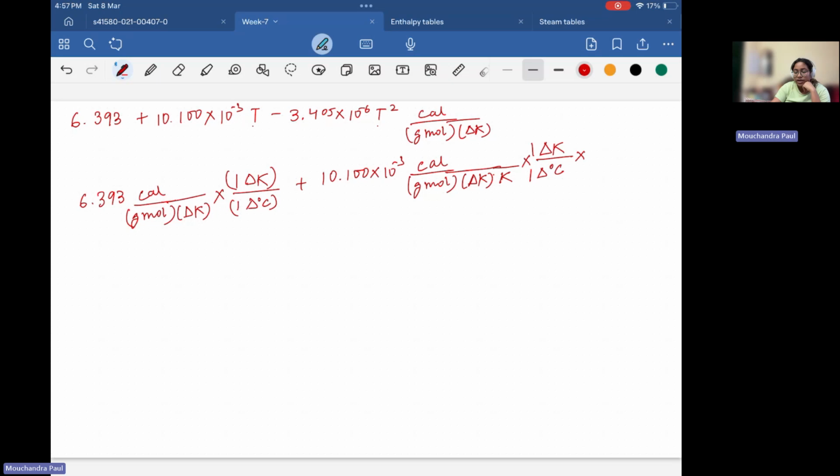Whereas 1 Kelvin is equivalent to temperature in degree Celsius plus 273 Kelvin. Similarly, we'll do for the last term, which is the T squared term.